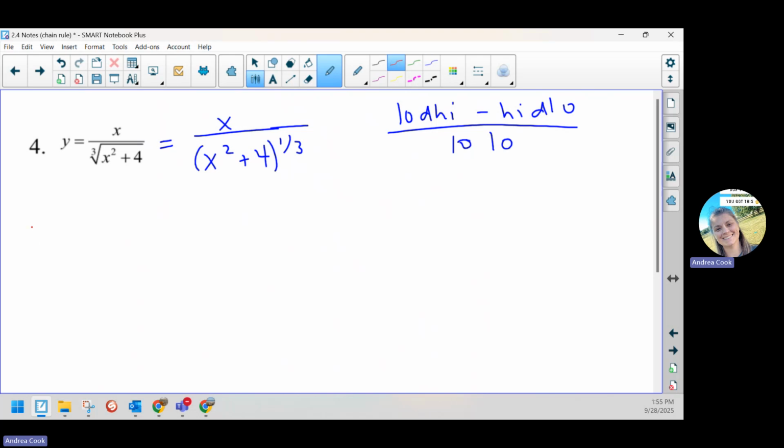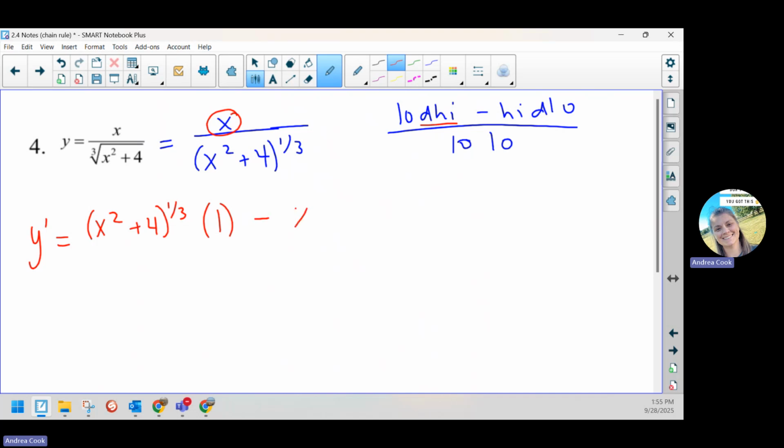So our derivative: low is our denominator. D high means derivative of numerator. So derivative of x is just 1.